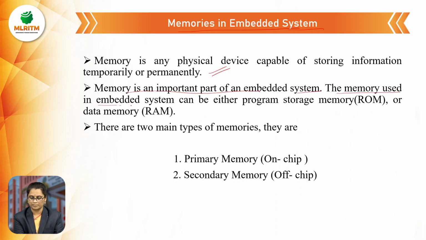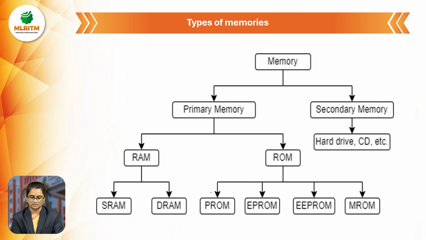The memory used in embedded system can be either program storage memory, which is nothing but ROM, read-only memory, or data memory, which is nothing but RAM, random access memory. This can be divided into two types of memories. One is on-chip memory, or primary memory, and off-chip memory, or secondary memory. These are the different types of memories we have.